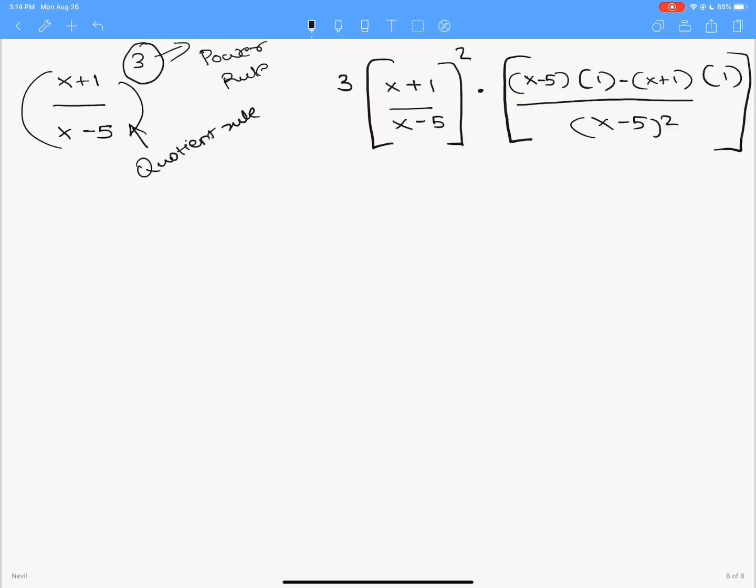So this is pretty much the big picture of what we need to do. So let's just keep what we have in the beginning right over there, like this. I'm not going to change this for now. I'm going to go into the quotient rule part. So x minus 5 into 1 gives me x minus 5.